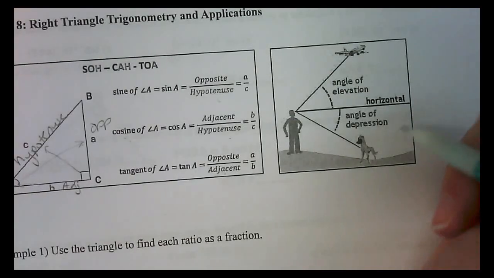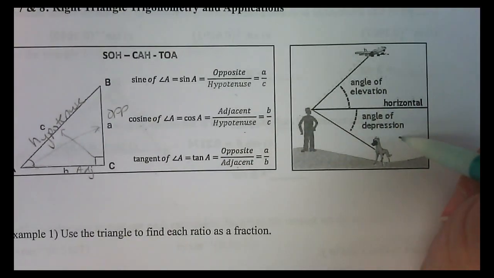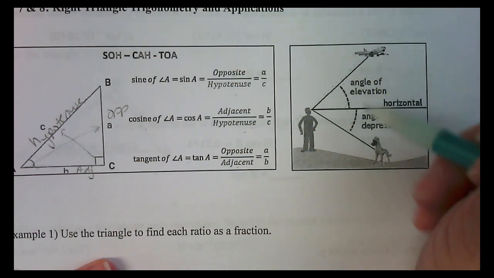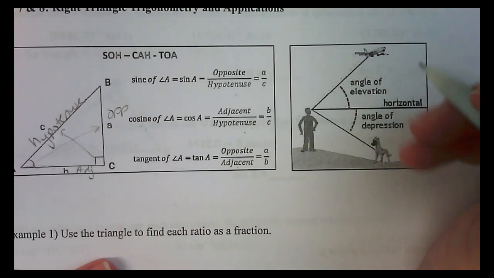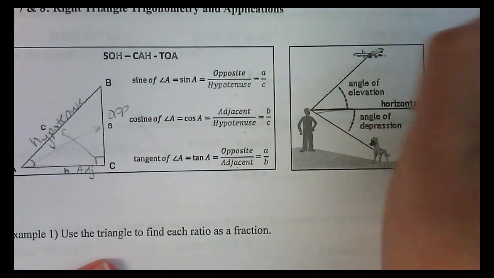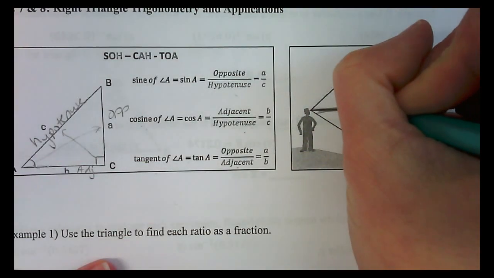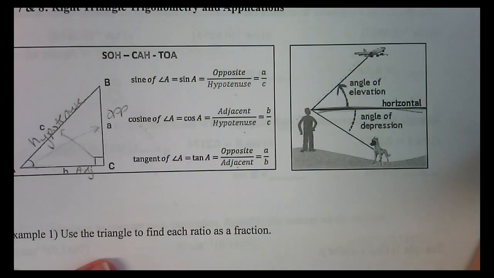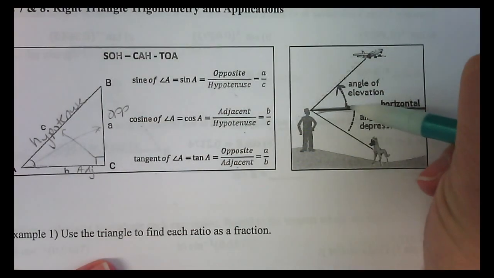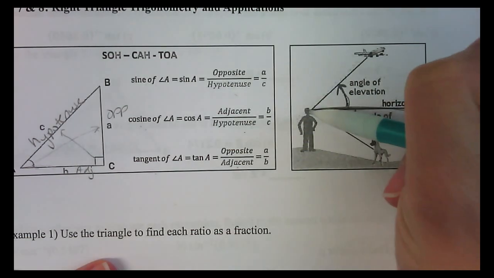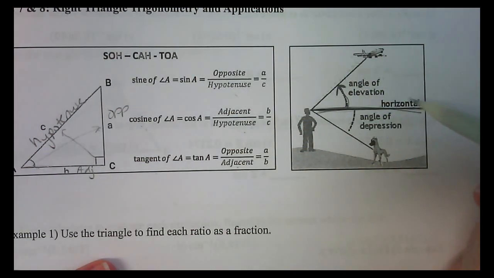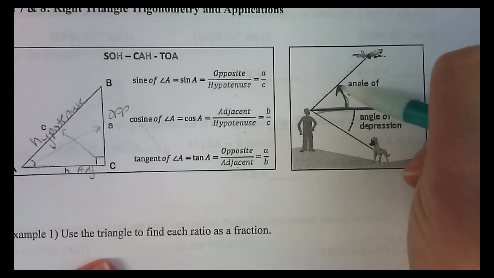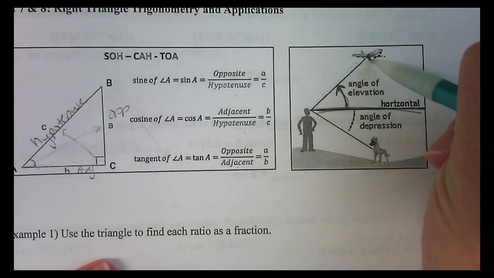Some other important vocabulary is in this picture. You do not get this on your reference sheet, so you do need to understand these two terms. Angle of elevation is from some horizontal line up to whatever we're looking at. So in this case, the angle of elevation is from my line of sight up to where I can see the airplane.